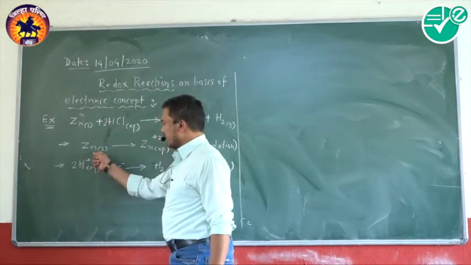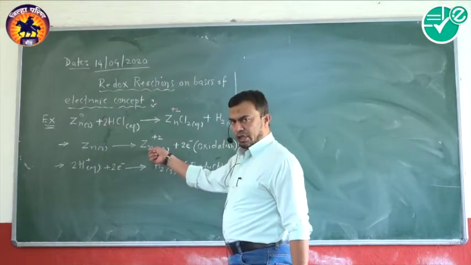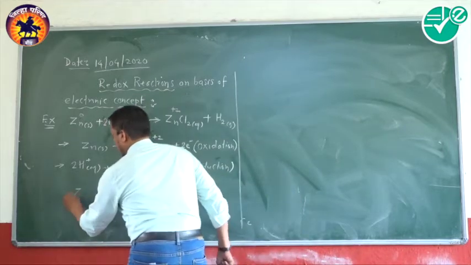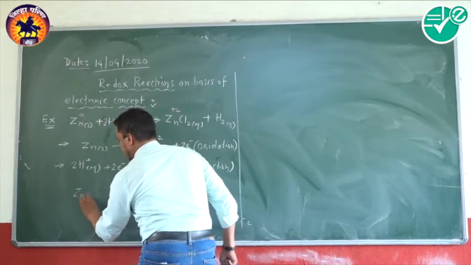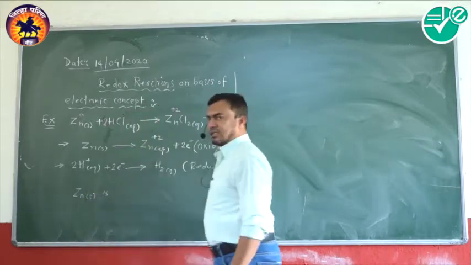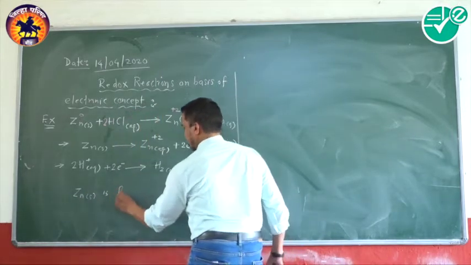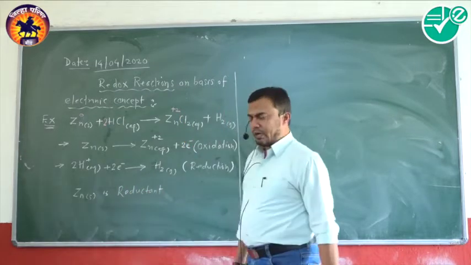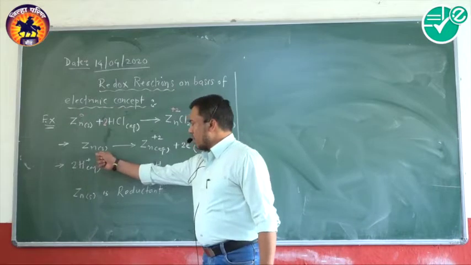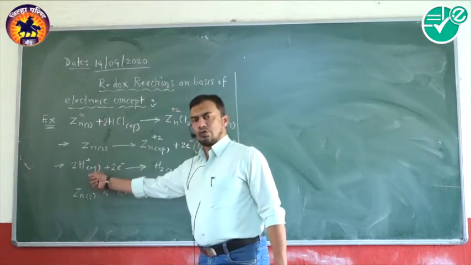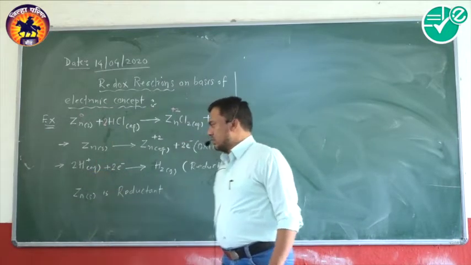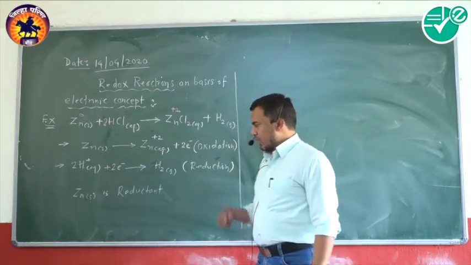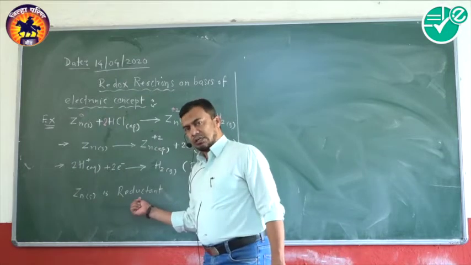The zinc metal undergoes the oxidation process. We call this zinc species, or zinc metal, a reducing agent, or reductant. Why? Because the zinc reduces the hydrogen ion. You know, the species which reduces others we call a reductant.